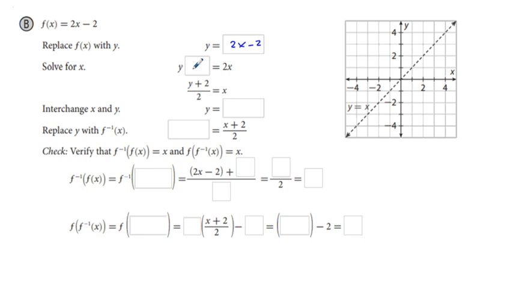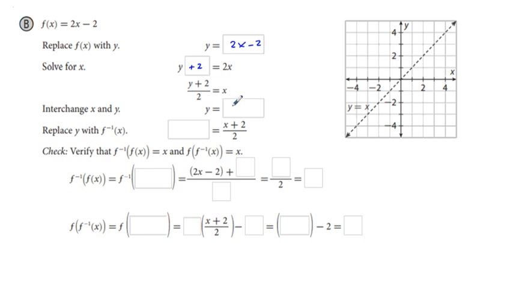You add 2 to both sides, so 2x equals y plus 2. Then you have y plus 2 over 2 equals x. And so interchange x and y.